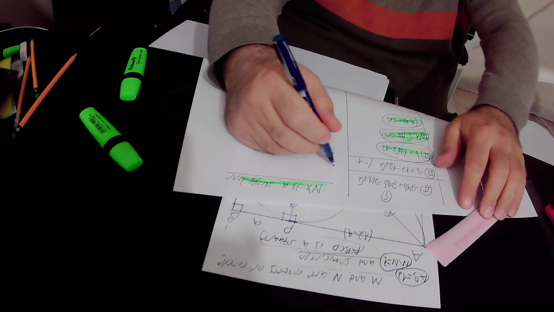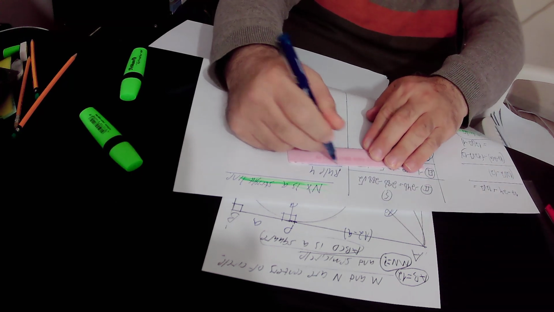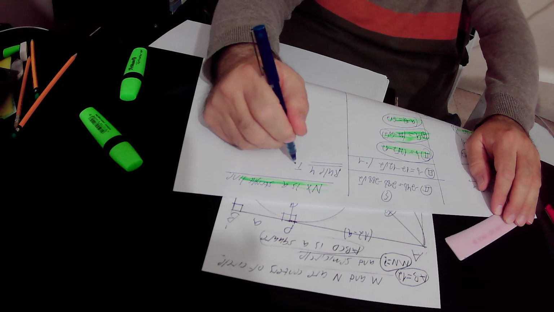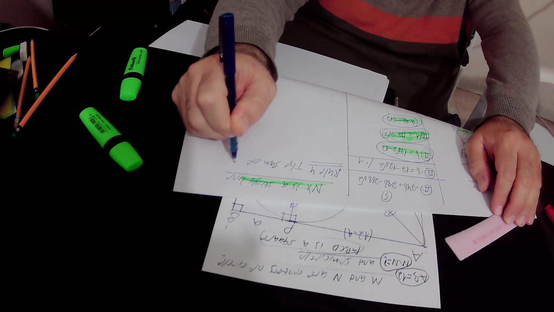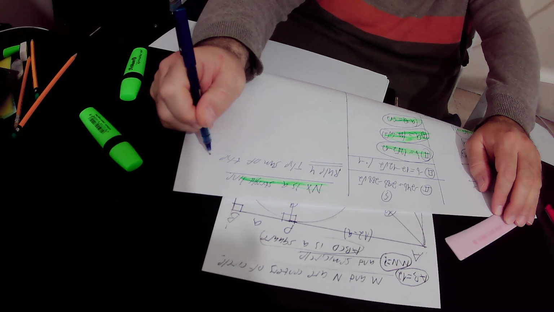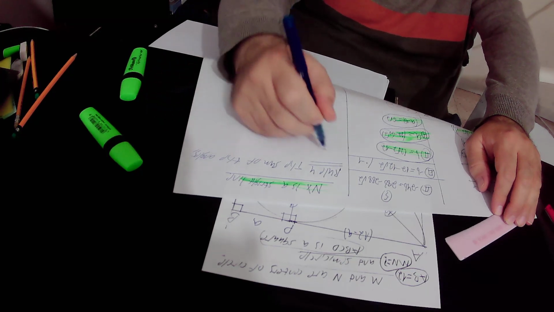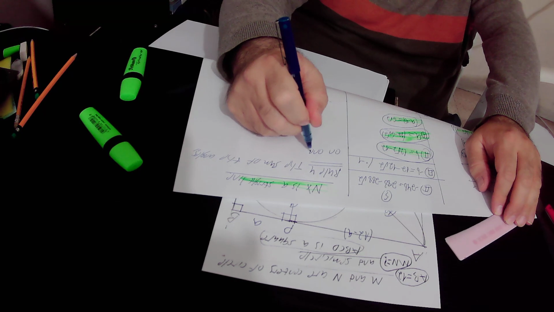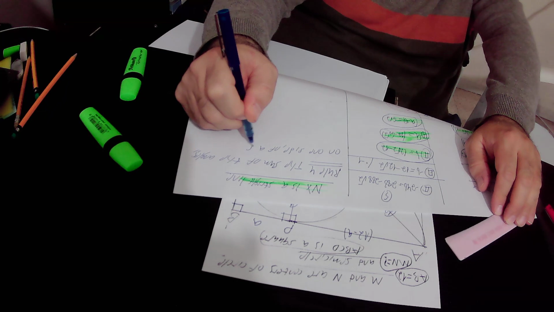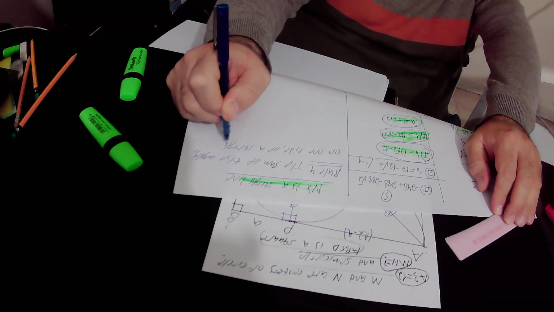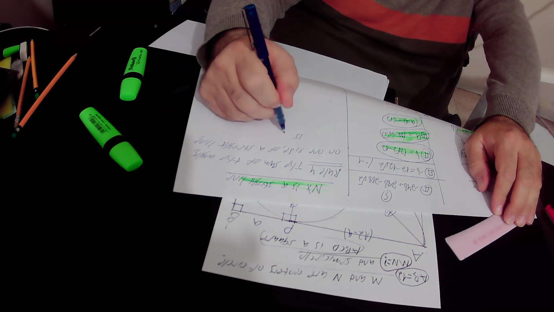And we also have rule number 4. According to rule number 4, the sum of the angles on one side of a straight line is equal to 180 degrees.